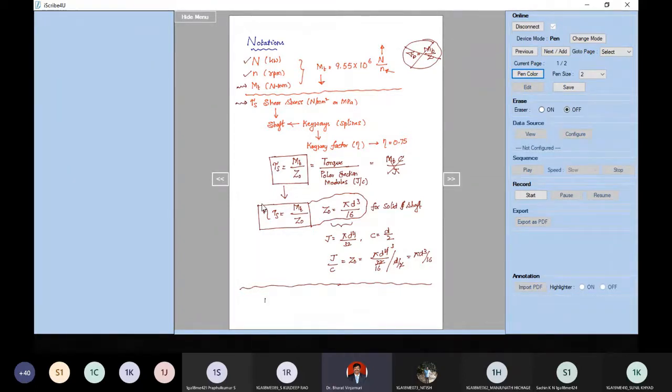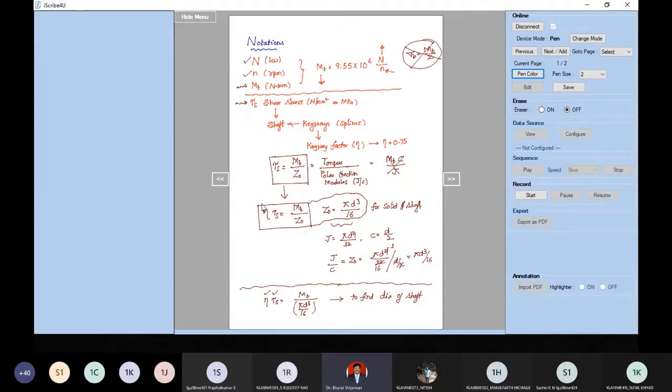I will write eta tau s is equal to Mt divided by pi d cube by 16. I use this equation to find the diameter of the shaft D, because for the keyway factor I am assuming eta as 0.75.